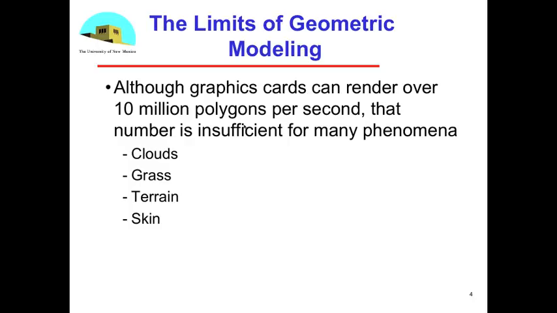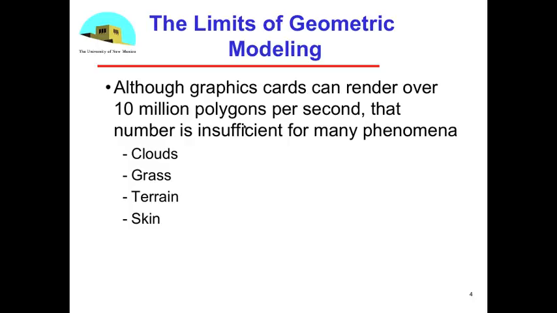And then you can talk about things like skin. How do you model the skin on an animated character to look real? We're getting better at that one. A lot of that can be done reasonably, but I think probably still more often people will use texture mapping on a very simple model of say an arm or a whole figure, and then do some texture mapping to get the detail of the skin.